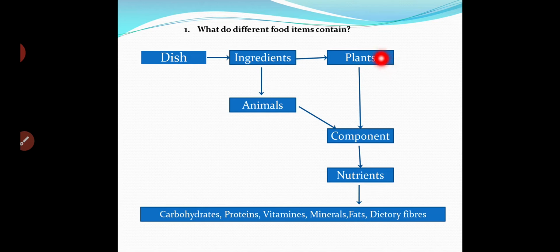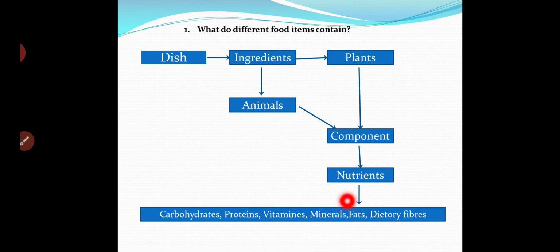Whatever food we are eating from animals as well as plants, we call it components, and that food component gives us nutrients. Then what are nutrients? Carbohydrates, proteins, vitamins, minerals, fats and dietary fibers are all called nutrients.